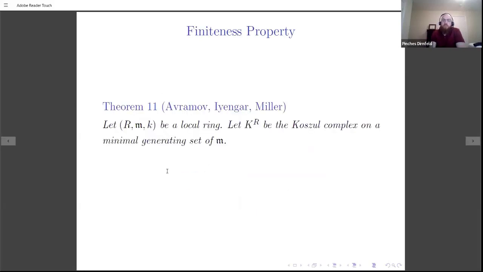And Avramov, Iyengar, and Miller have proven that this Loewy length satisfies some finiteness property. So let (R, m, k) be a local ring, and K the Koszul complex on a minimal generating set of m.